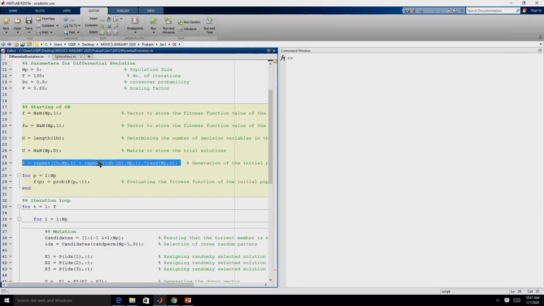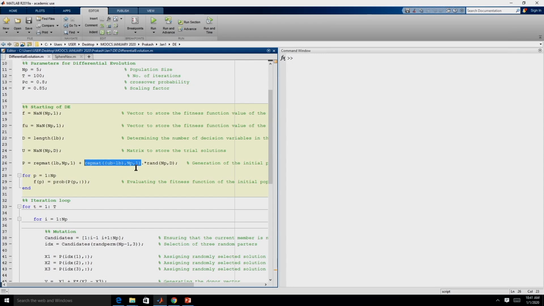So, what we are doing is, we are replicating the lower bound NP times, and we are replicating the range. UB minus LB provides us the range. Again, we are replicating that NP times, and if we see the dimension of this, it will be NP cross D, because the number of rows is governed by NP and the number of columns is governed by the length of UB minus LB.